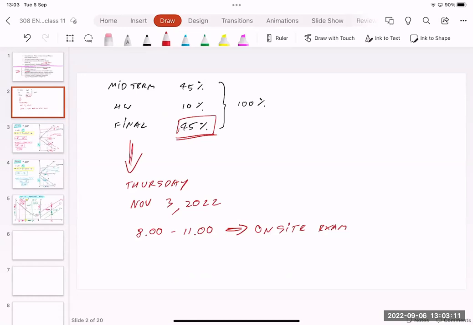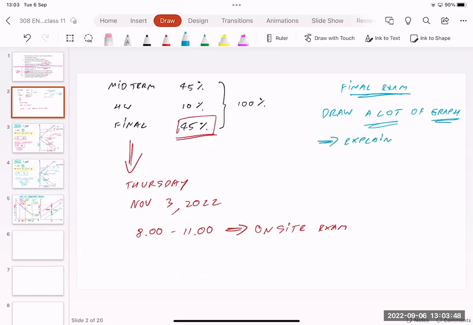One thing I want to tell you is that the final exam is going to be just like your midterm exam. The style of the final exam is the same as the midterm. It means that you need to draw a lot of graphs and explain them.